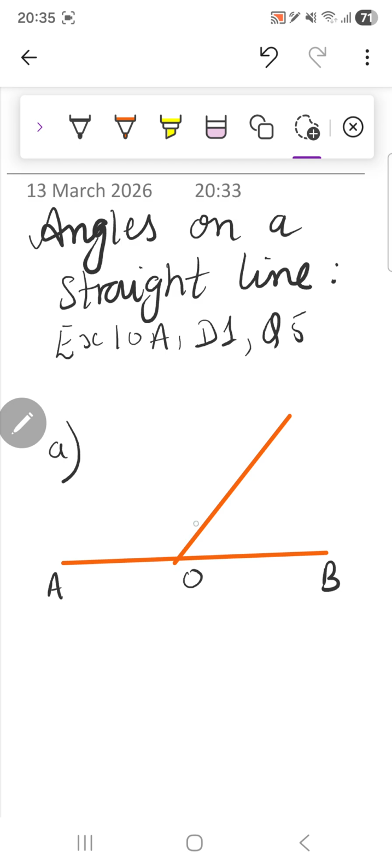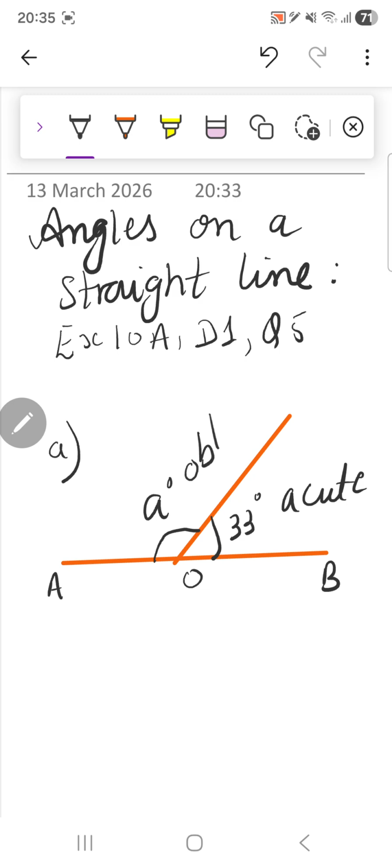This is, for example, angle A. So you have to find the unknown angle, and this angle is 33 degrees. This is acute angle, and the angle A is obtuse angle.